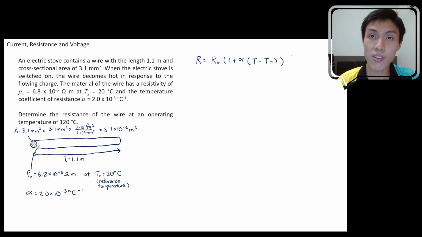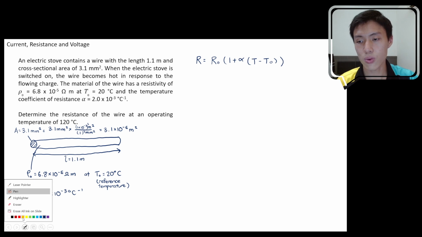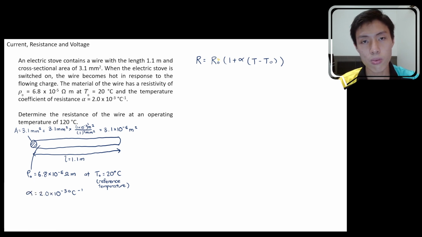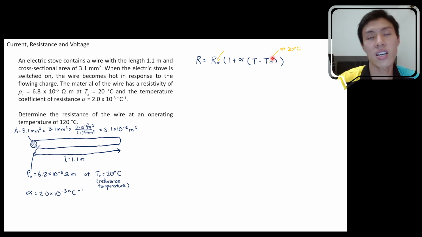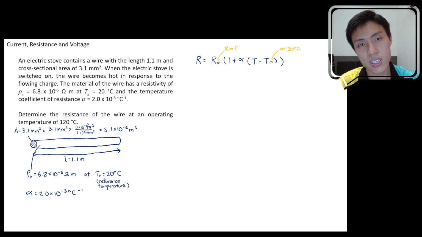But we have to be very clear when we are using this equation, that those symbols that come with a naught have to be referring to the reference temperature, which is 20 degrees Celsius. So this T naught here has to be 20 degrees Celsius. This R naught here has to be the resistance, or the resistivity, at 20 degrees Celsius.